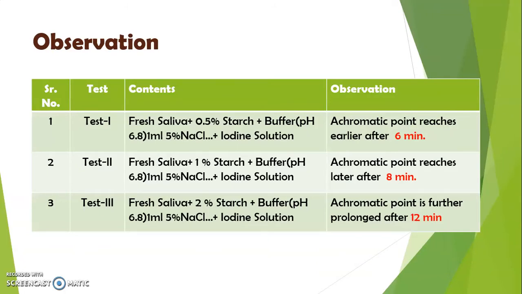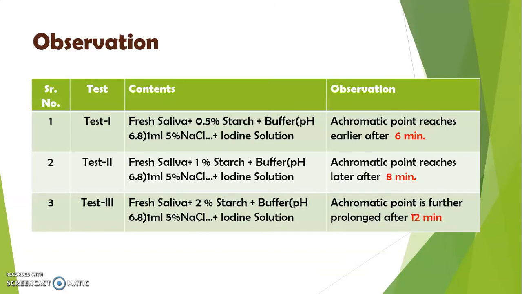Now we have recorded the different observations for different concentrations of starch solutions. We have studied salivary amylase activity by using 0.5% starch solution. The achromic point is reached earlier, after only 6 minutes. In the second test tube, which contained 1% starch solution, the achromic point is reached later, that is after 8 minutes.